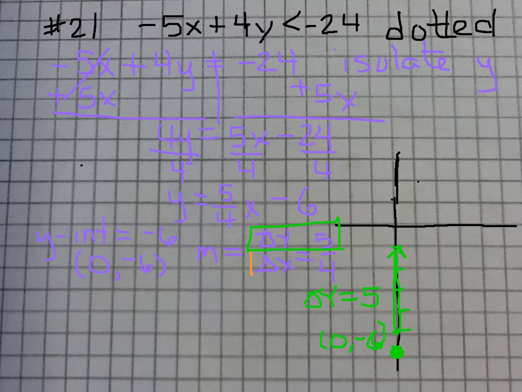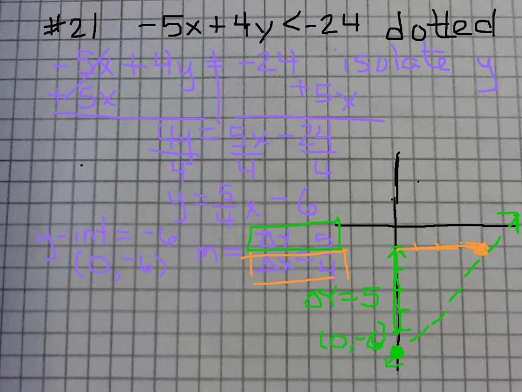My change in x is 4, so I go 1, 2, 3, 4. There's my change in x. Those are my 2 points right there. I'm going to draw my graph. This is a dotted line through here, so I'm going to go dot, dot, dot, dot, dot, dot, dot. And there is my line.